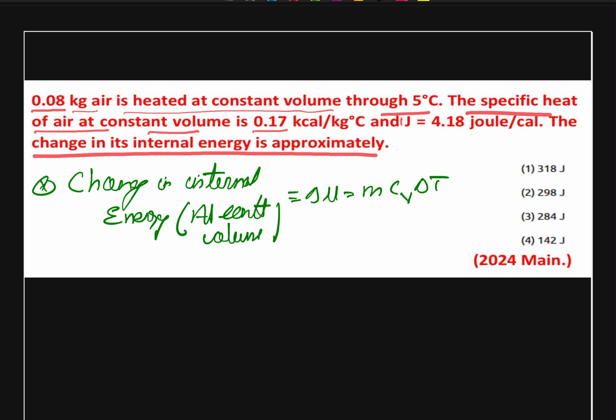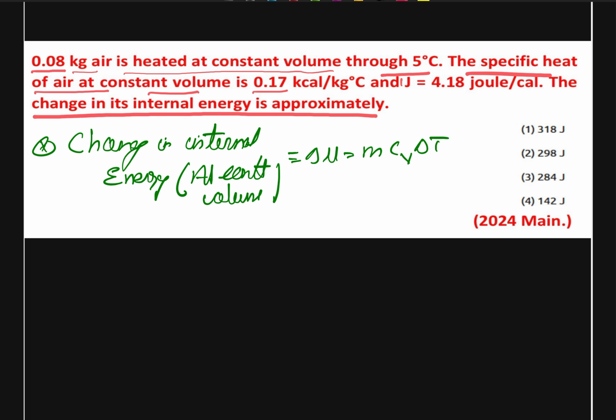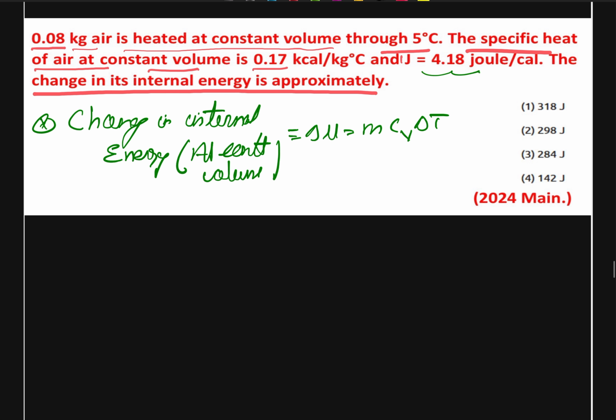and C of V is given to us as 0.7, so we convert into joule per kg.